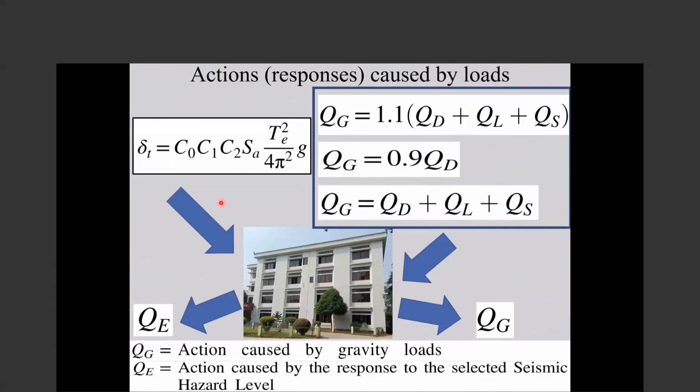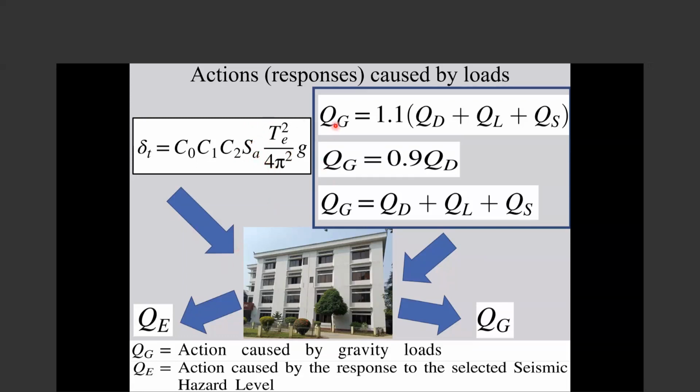Therefore, now everything is ready for the nonlinear analysis of this building. We put the gravity, the target displacement. We calculate that, and we'll have different target displacements based on what level of earthquake and naturally what level of spectral acceleration is given.